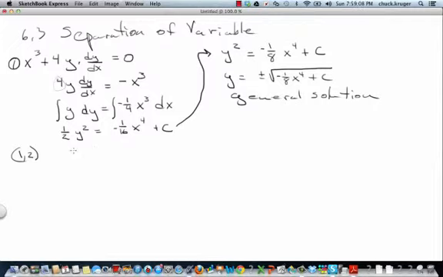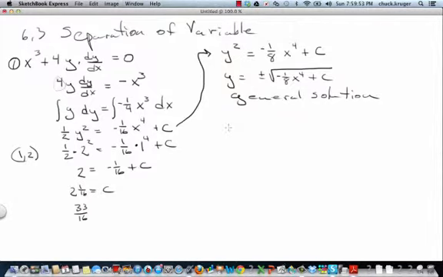If I plug 1, 2 in here, I will have 1/2 times 2 squared is equal to a negative 1/16 times 1 to the 4th plus c, and I will get, this is 4, half of that is 2, this will be a negative 1/16 plus c, and so I would have 2 and 1/16 is equal to c, or 33/16. And so now that's my c.